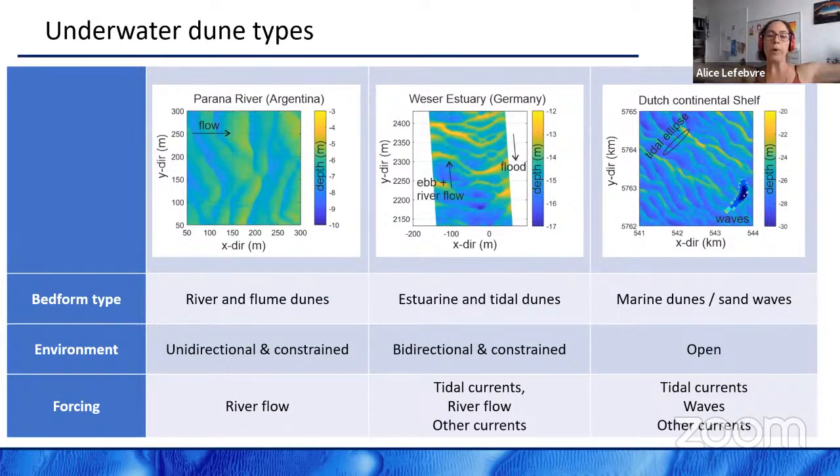Here we are in an open environment, so there is no constraint on the side. There is really the space on the side to develop those very large fields of dunes. And you have the tidal currents, but also the influence of the waves, which might be important depending on the depth and how big the waves are and when those waves are created.